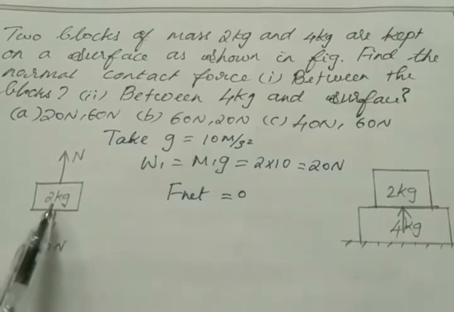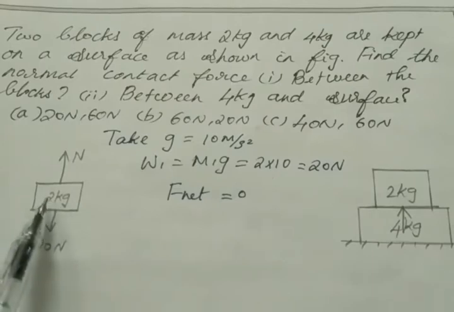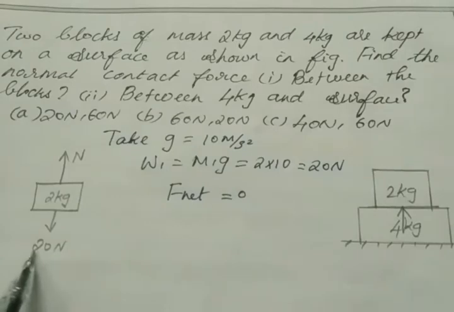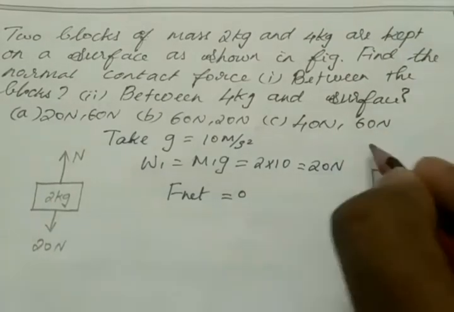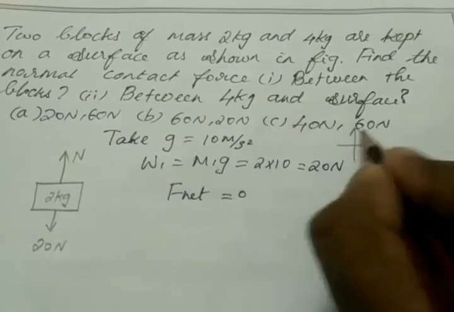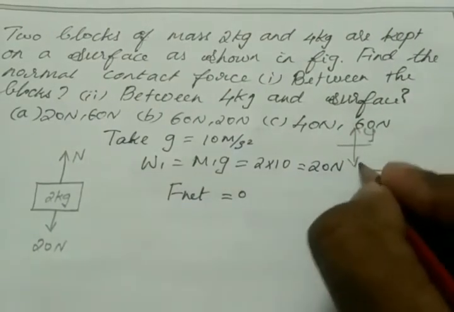So in this 2 kilogram mass, what are the forces acting? Downwards we have weight, right? So weight is acting in the negative y-axis because it is acting downwards. Here we have the positive y-axis and here the negative y-axis.